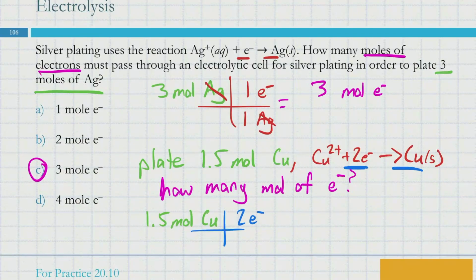So we would need to put in 2 electrons to get out 1 copper. So it should be 3 moles of electrons. So it's a process that we've done before. Hopefully we're experts at it. It's just a new context.